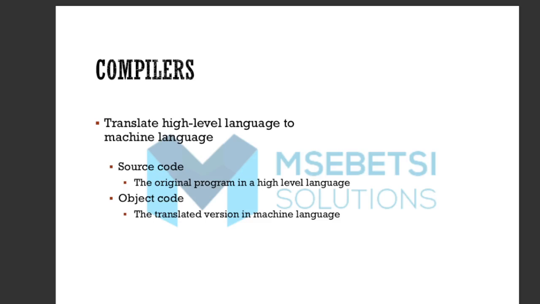So what's the responsibility of a linker? A linker combines the object code for the program we write and the object code for the pre-compiled routines into the machine language program the CPU can run.